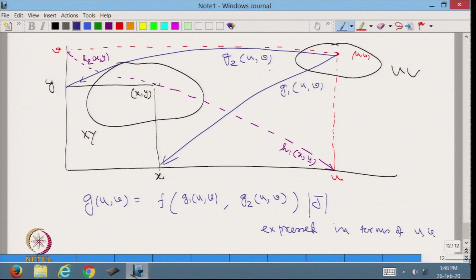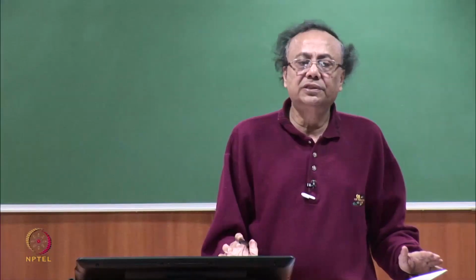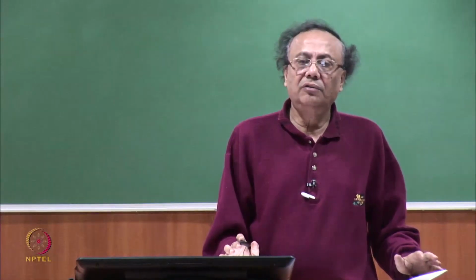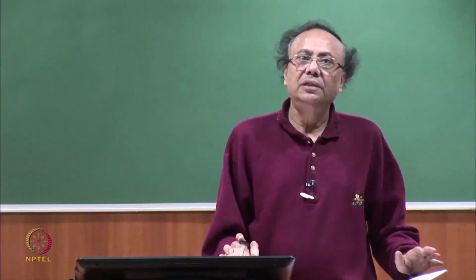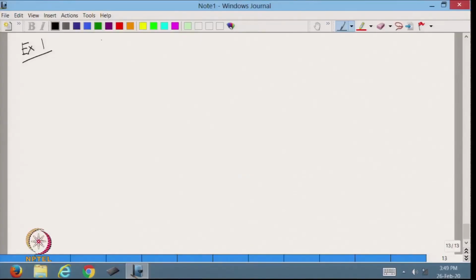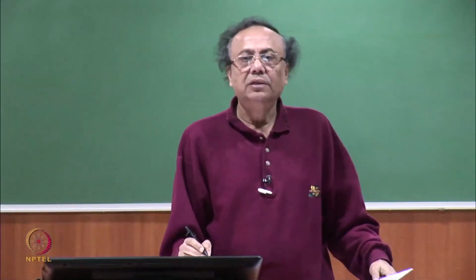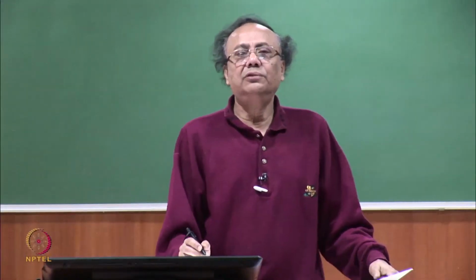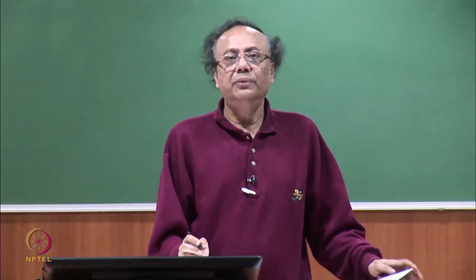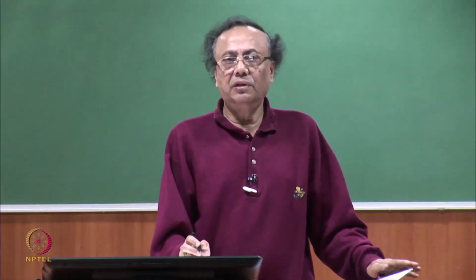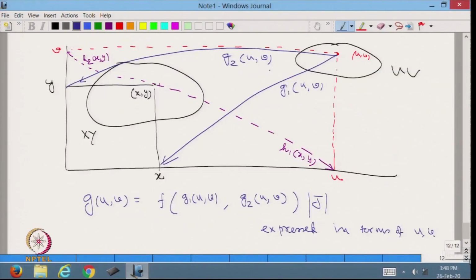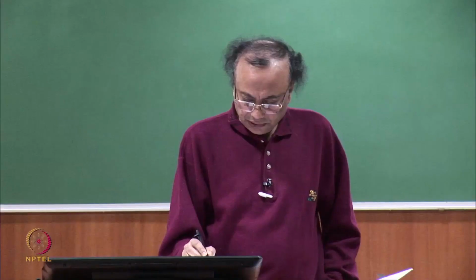As I said, we are not going to prove this theorem, but we accept this and let us solve a few problems using this theorem. So, example 1, let us go ahead with x and y to be independent, so that the joint PDF we can write as the product of their individual densities. So, consider the following.